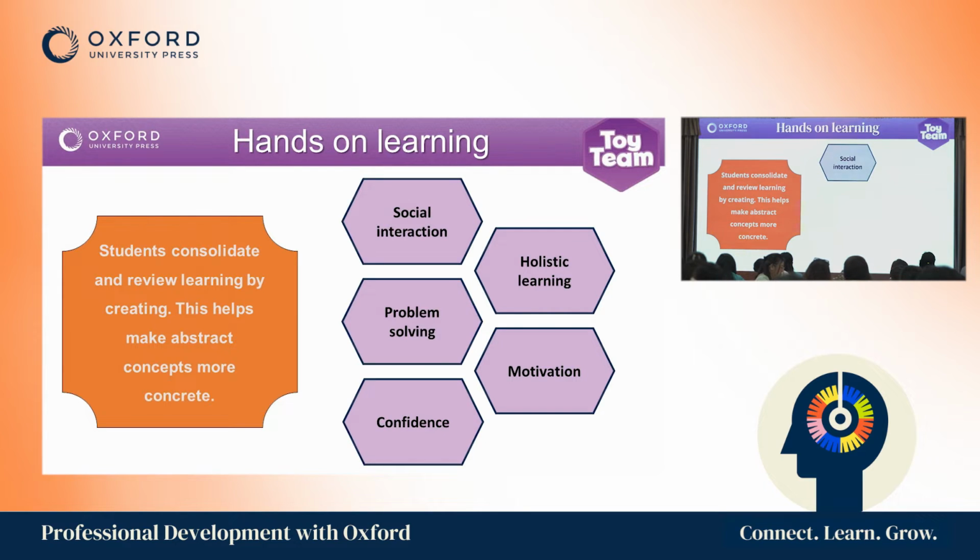So why is it good to do things like this? We can help our students to consolidate learning, review their learning, and help to make abstract concepts more concrete. The students are being social, like I said, they're sharing the teacher's attention. It's holistic.